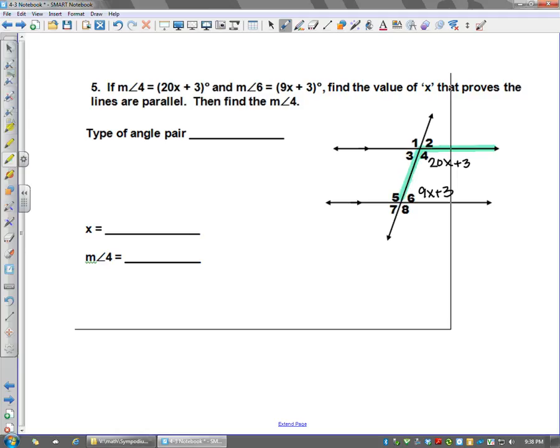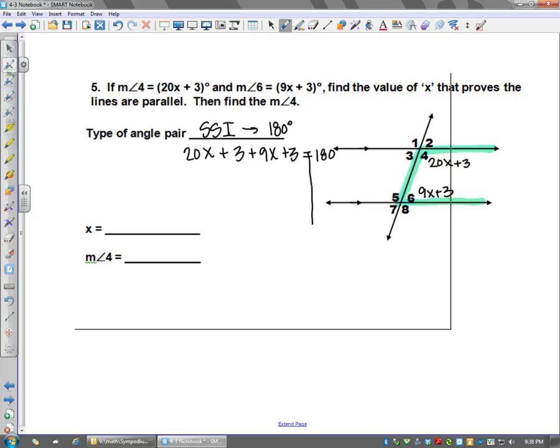I'm going to trace over the angles. There's angle 4, there's angle 6. It makes the letter C, so they are same side interior angles, and we know that those are supplementary. They equal 180 degrees. So here's what I'm going to do: 20x plus 3 plus 9x plus 3 equals 180.